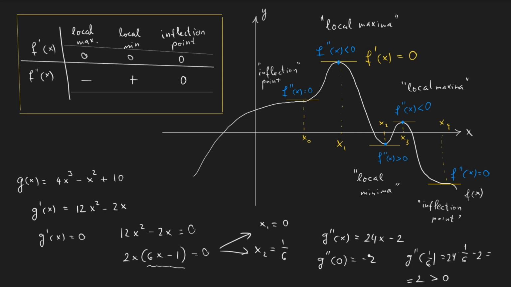So this is positive and this is negative, which means that at 0 we have local maxima, and at 1 over 6 we have local minima.